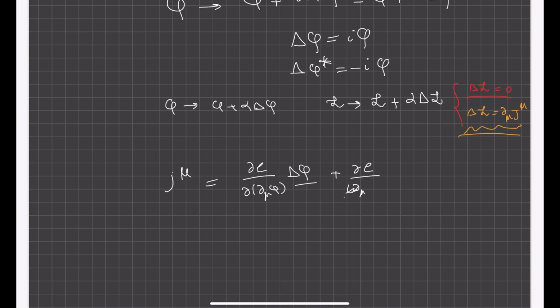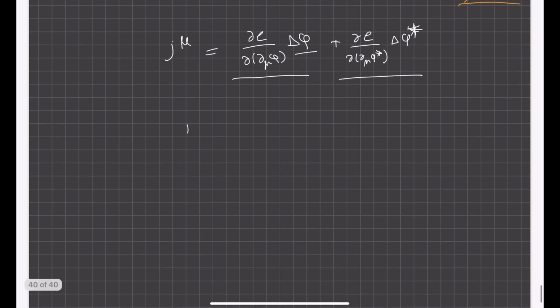As we said, phi and phi star should behave exactly the same way. So in the charge, we have the first term and the second term, and we just write it down as we calculated. We would be getting an expression like this: the mu-th derivative of phi star, phi, because the Lagrangian was this.